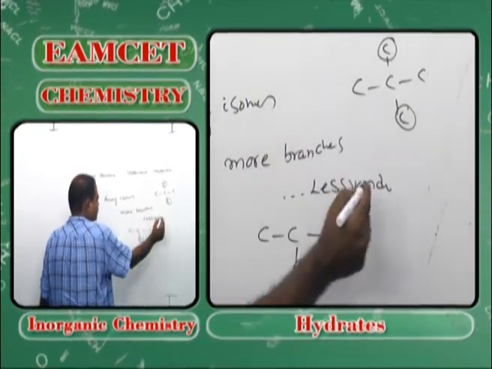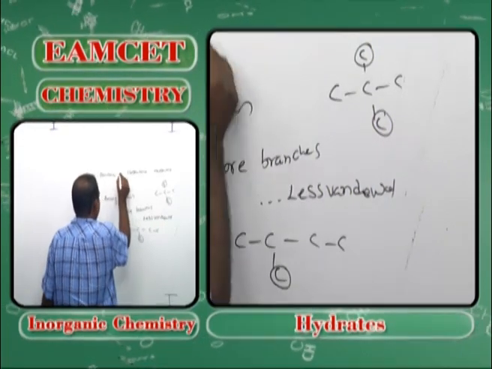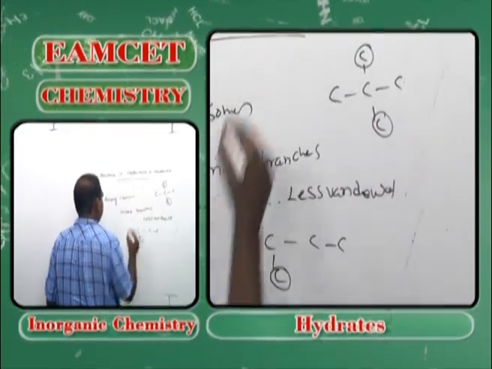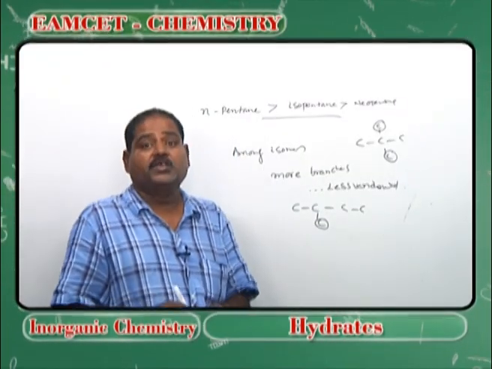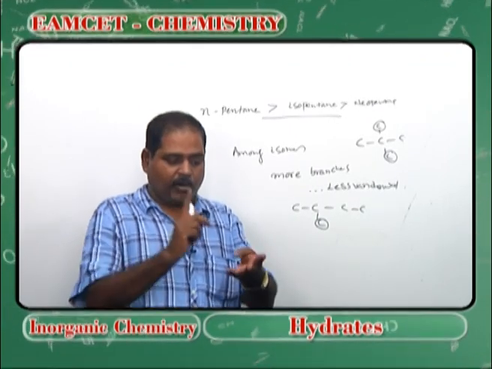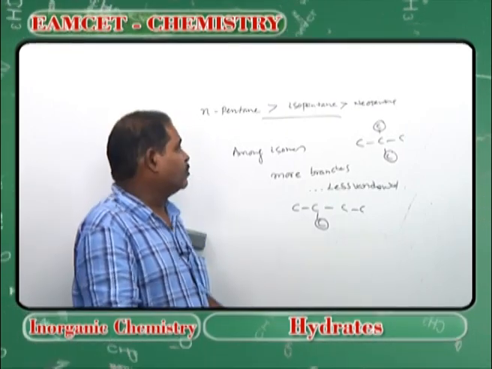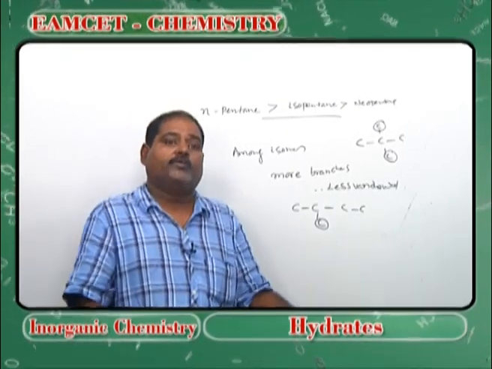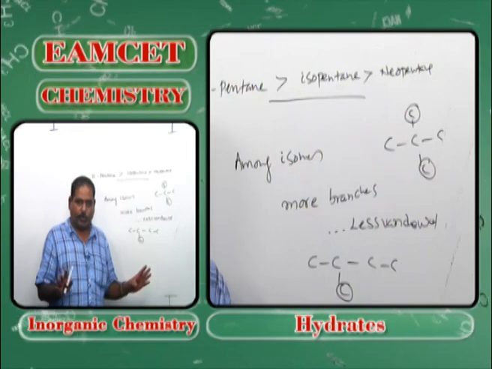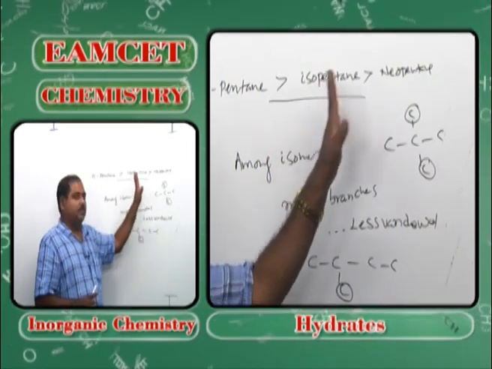So more branches, less van der Waals force of attraction. Therefore N-pentane has the highest. Why am I talking about branching? Because there is nothing else to talk about. They are not metals, they are not ionic substances, they are not hydrogen bonded. And if I want to talk about van der Waals, their mass is also equal. Since there is nothing else to talk about, we are talking about branching.